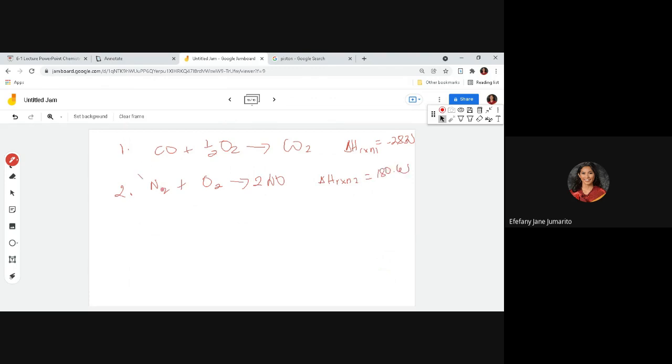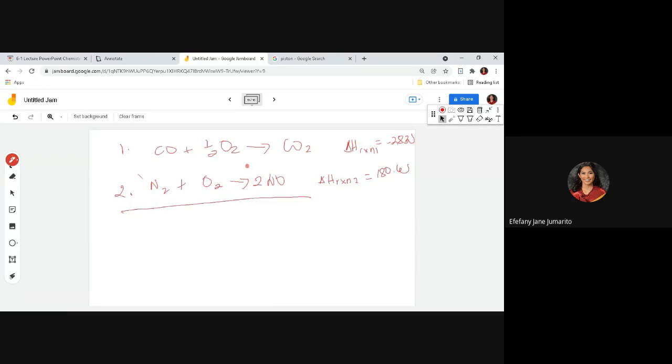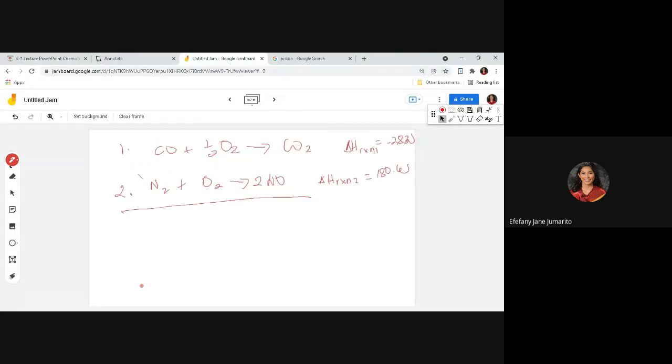So we have reaction 1 and reaction 2, in order for us to have this overall reaction. We have CO plus NO yielding CO2 plus 1 half N2.